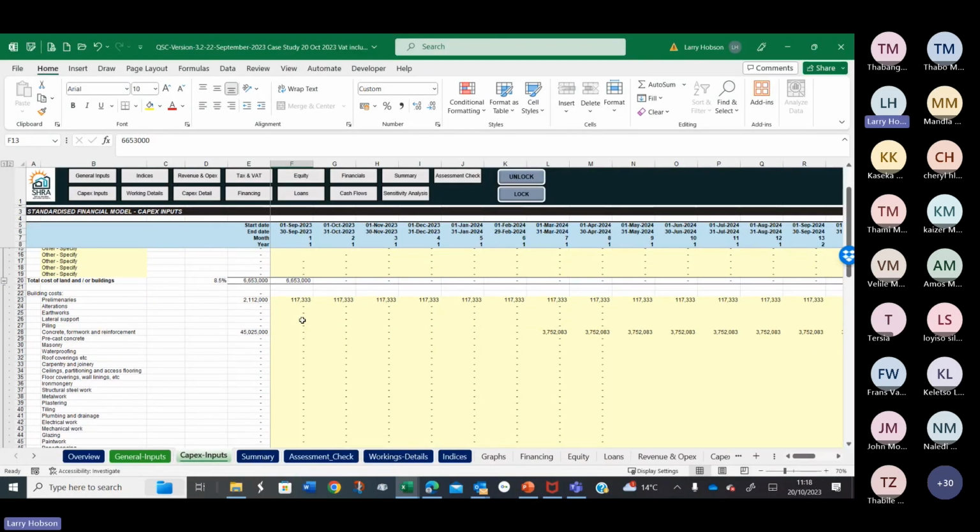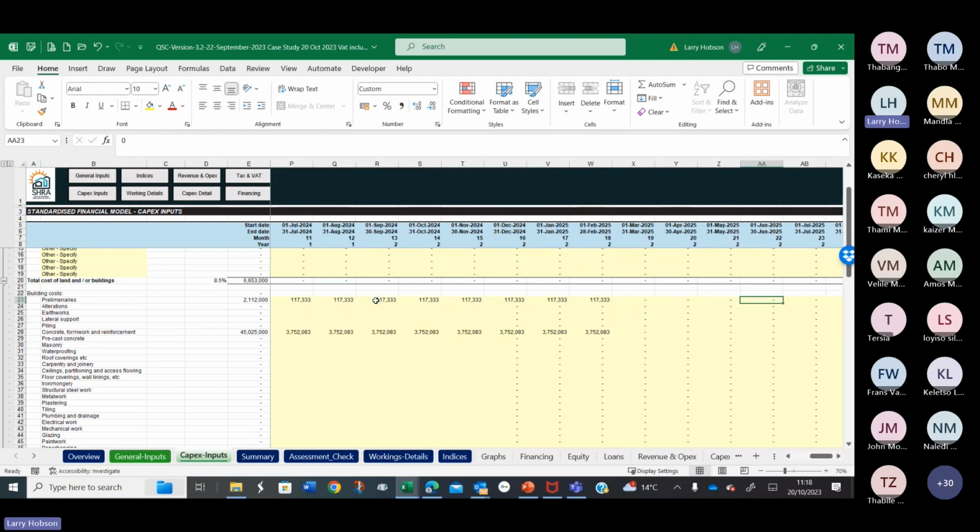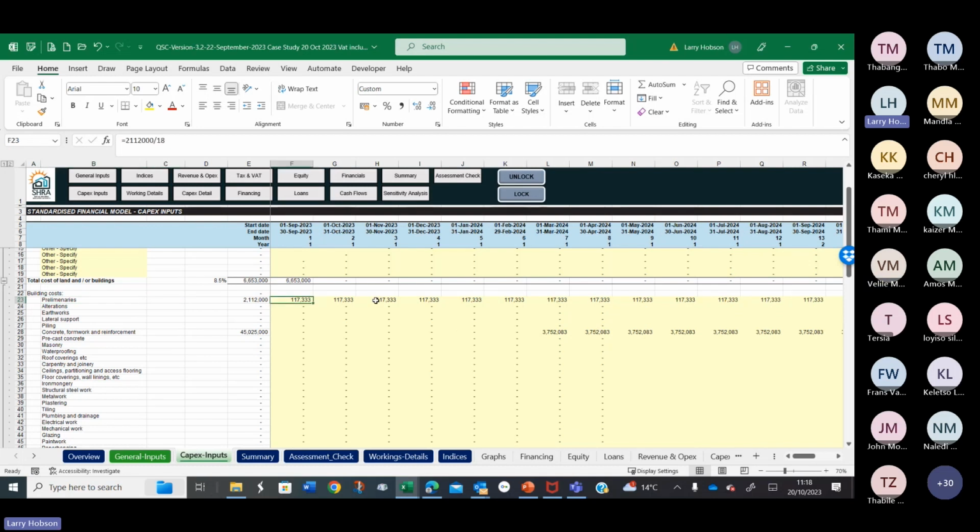In our building costs, I'm just using the one we used in the quick scan A yesterday. So the preliminaries were 2 million. I've just spread those over the 18 months, so basically just said the 2 million divided by 18 and spread that across the term. Your QS might give you a forecast with your S curve.